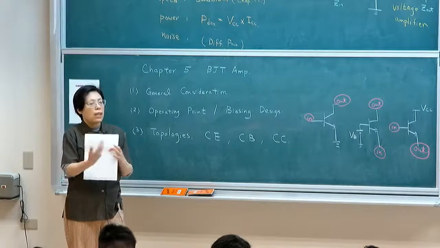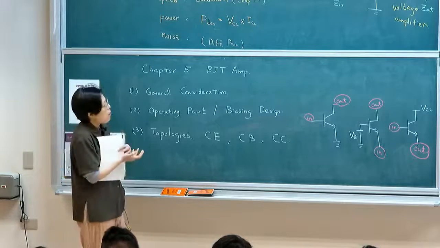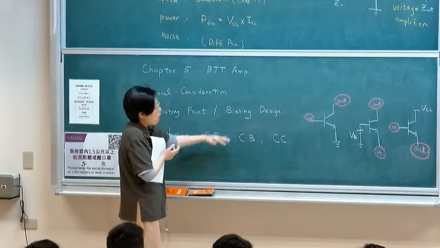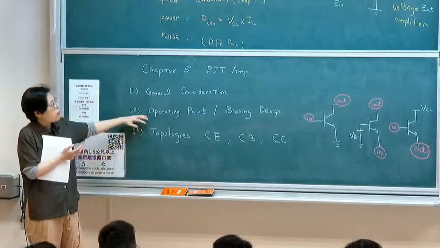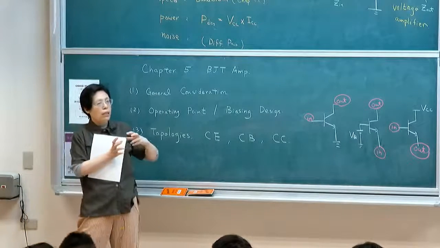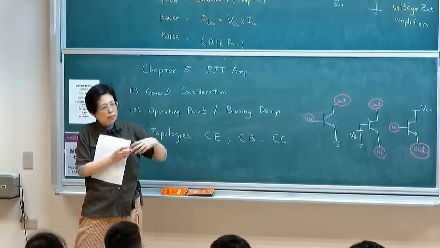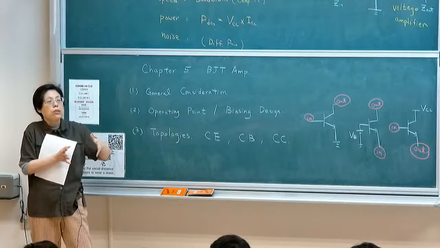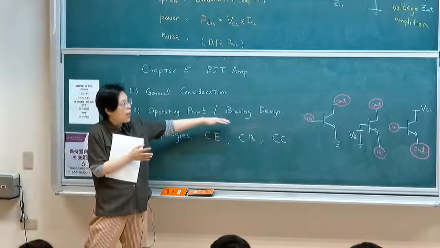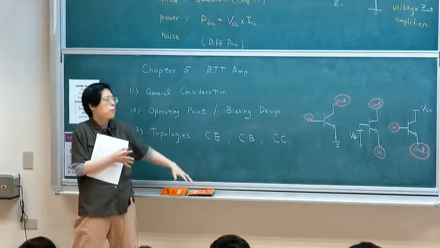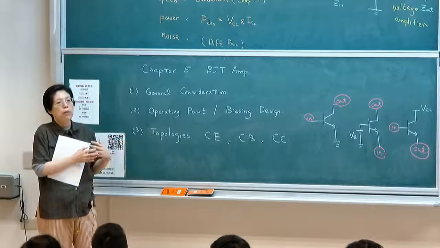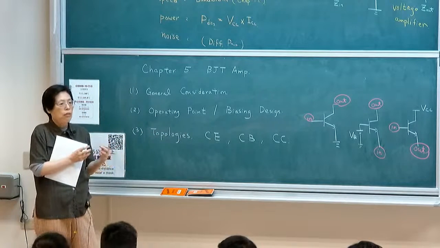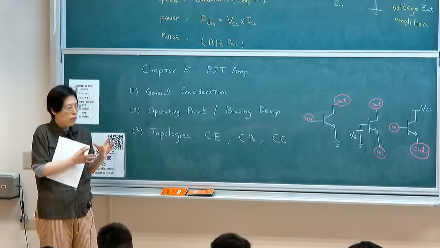That's called stability or robustness. We're going to talk about that when we talk about biasing design, of course. And then after providing the particular schemes that we can use to set your circuit at a particular point, we're going to talk about, of course, amplifier topology, various ways of constructing the amplifier.